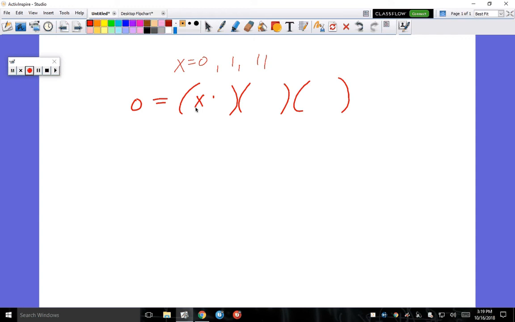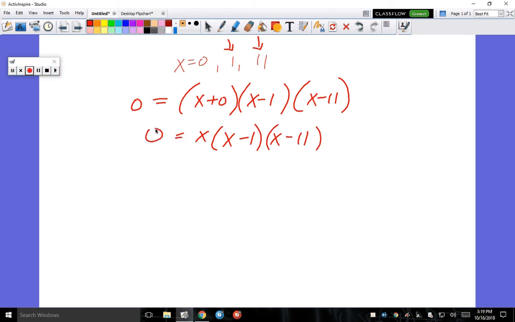You could put x plus 0 or just x, and then what would you put for this? x minus 1, good, and then this one? x minus 11. So I have this right here written in factored form of a third degree polynomial.